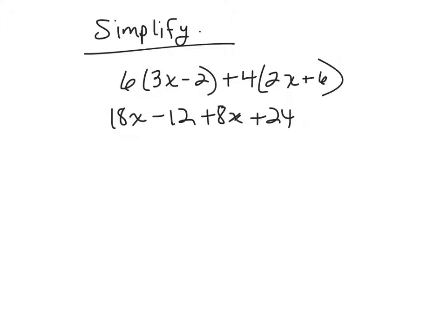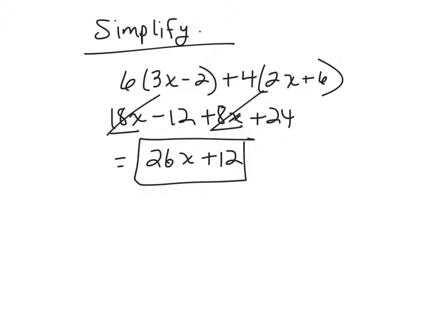And now that the parentheses are cleared, plus 18x and plus 8x is 26x. Negative 12 and plus 24 is positive 12. So hopefully you got 26x plus 12.